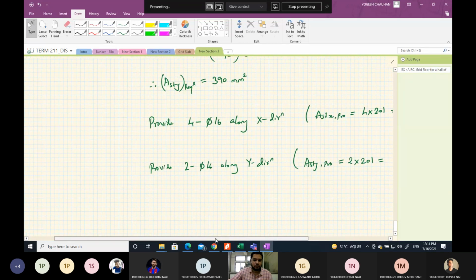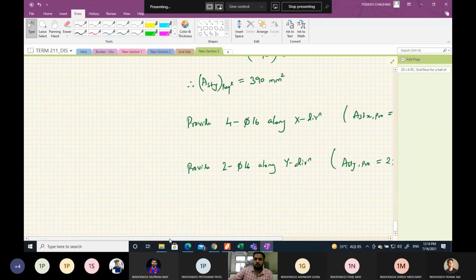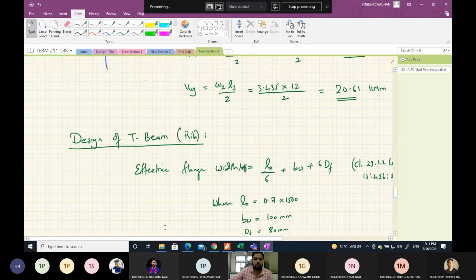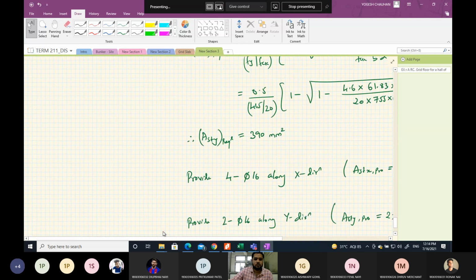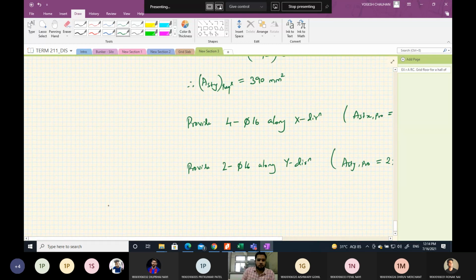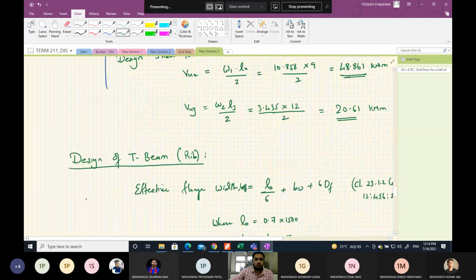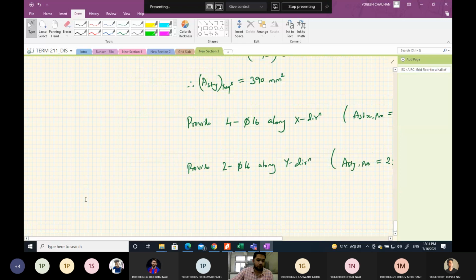Now we carry out the design for shear. So next is shear design.